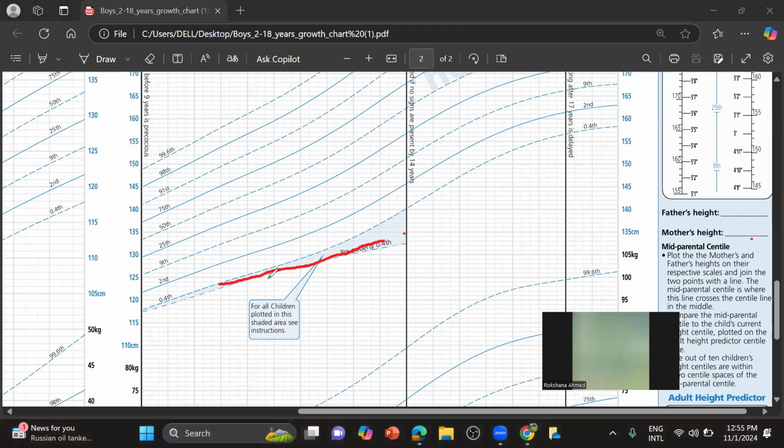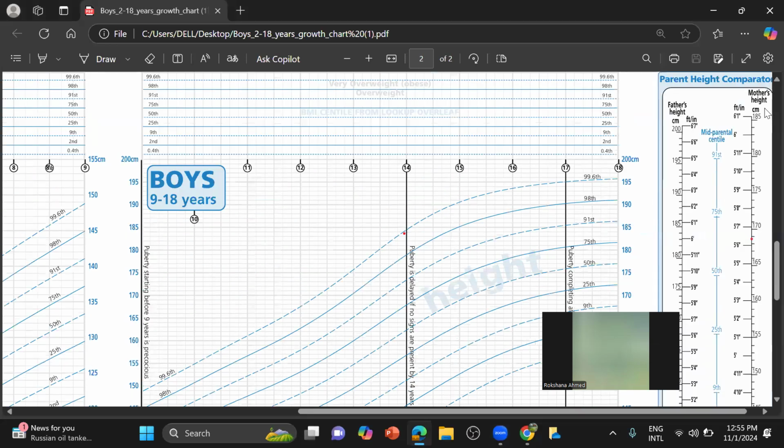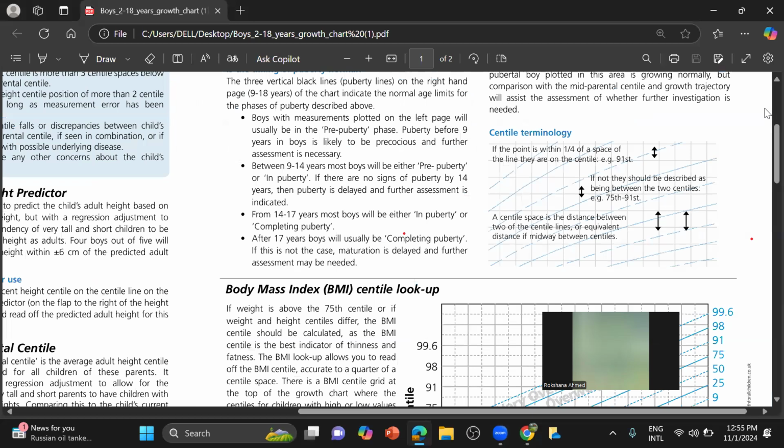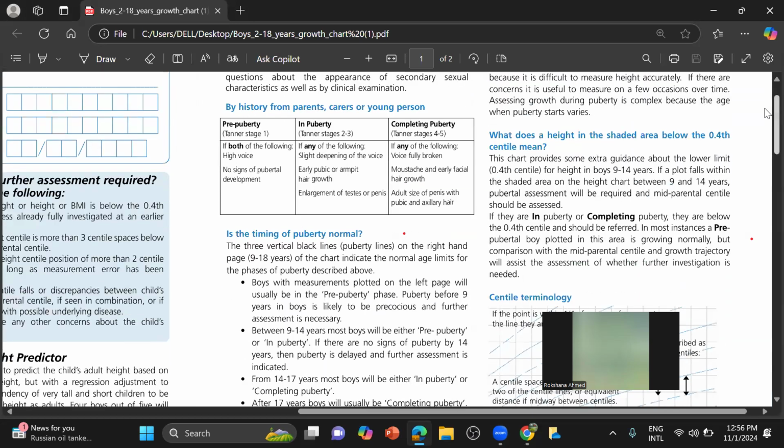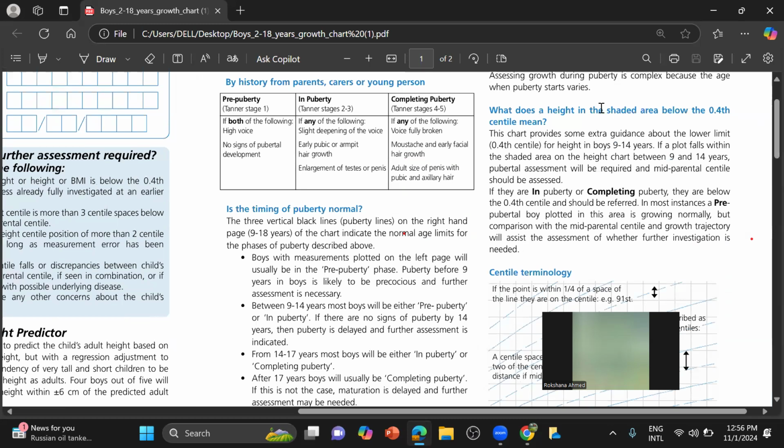Why is it significant, and what do we have to do? I'm telling you. This line is very important.